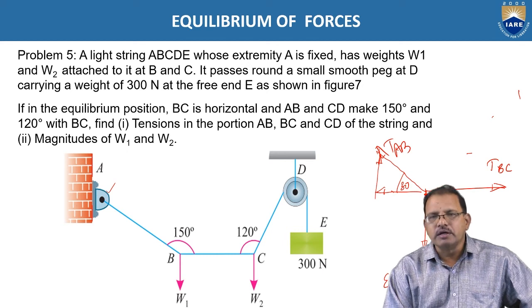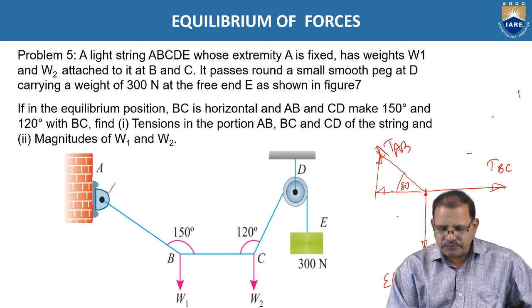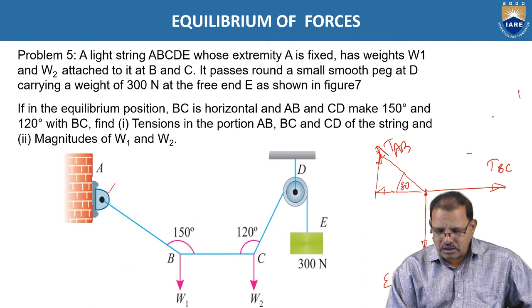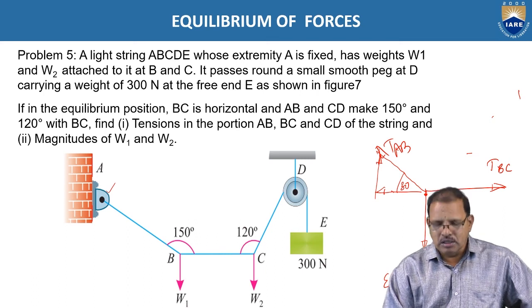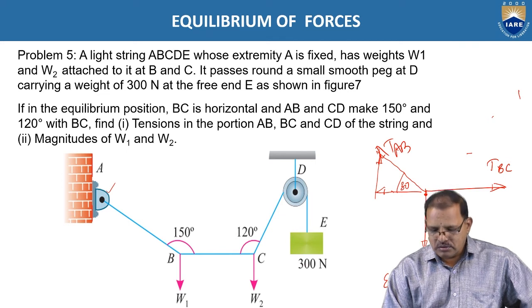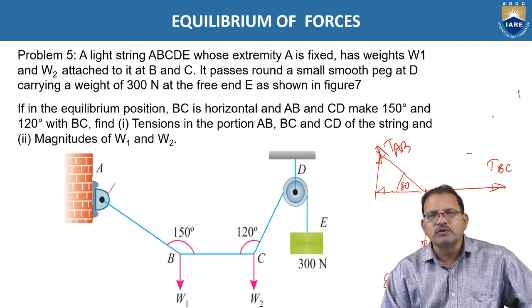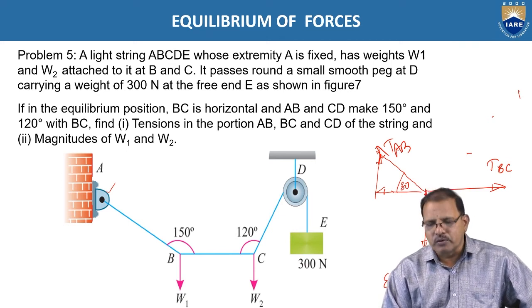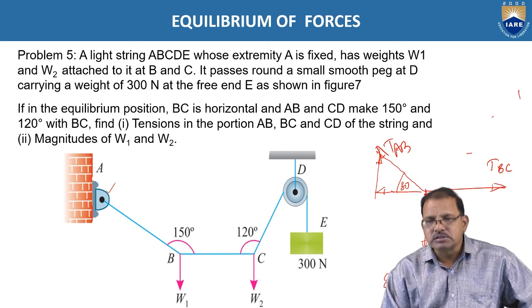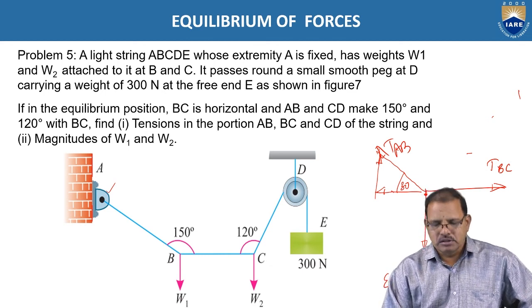Sigma Fy: W1 is acting downward, so negative, and the component of TAB is acting upward, so TAB sin 30 should be equal to 0. By using the relationship we will get the value of W1.